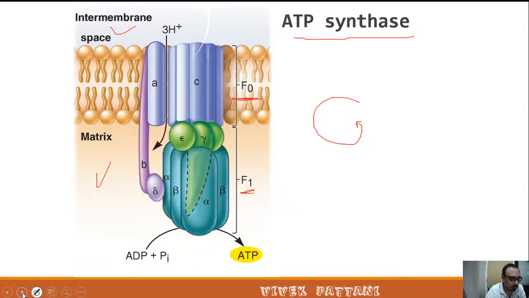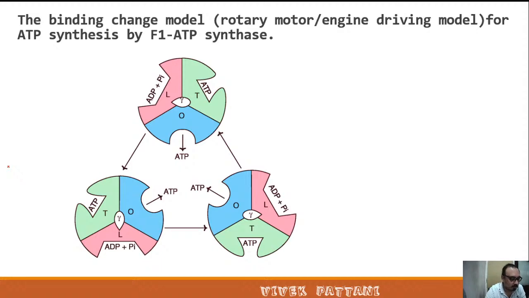Now moving further to the functioning, as I told you, this ATP synthase functions like a rotary motor, or rotary system. Let us assume this is the part at which ADP and phosphate are taken up by the ATP synthase, and this further is synthesized into ATP, and ATP is released.